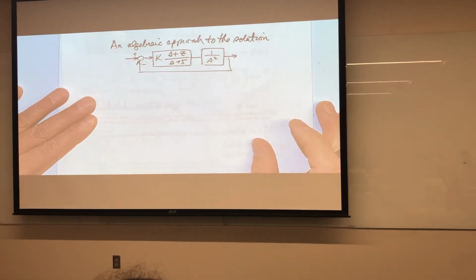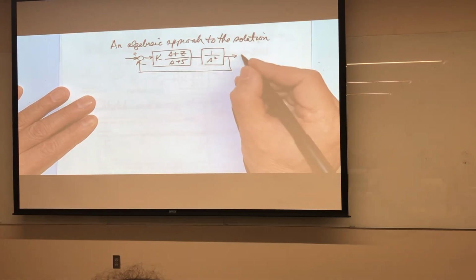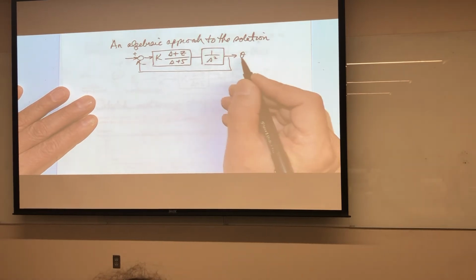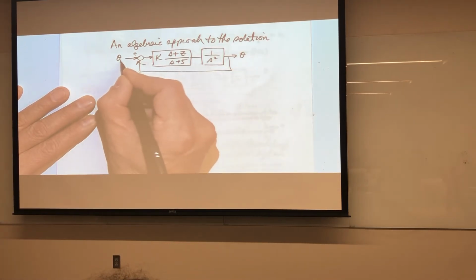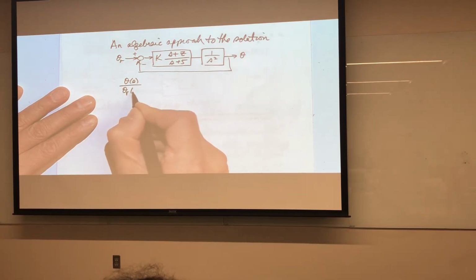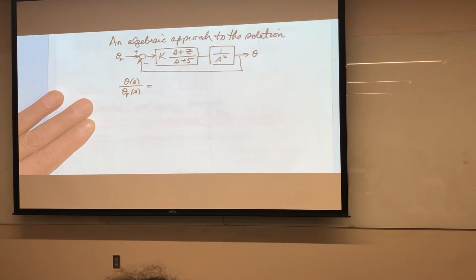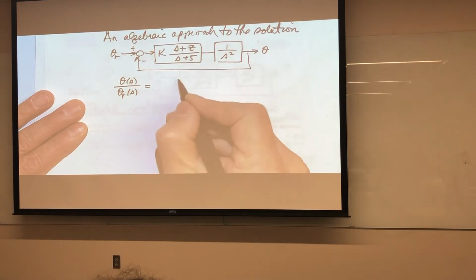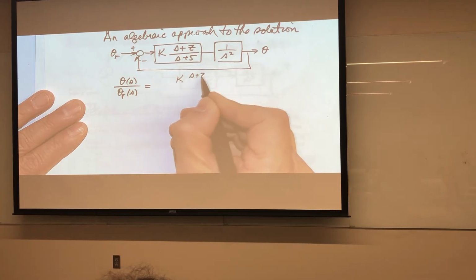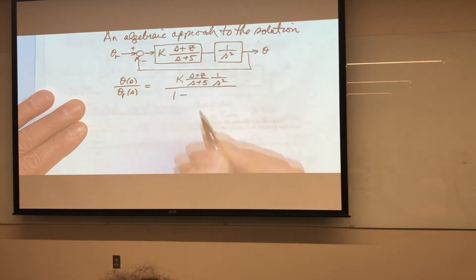And we know that the closed loop characteristic, well, let's review even further back. Let's go all the way back to the beginning of this semester and say this is theta and this is theta r. So we have theta of s over theta r of s. This is the closed loop transfer function. The closed loop transfer function is the forward gain divided by 1 minus the loop gain.